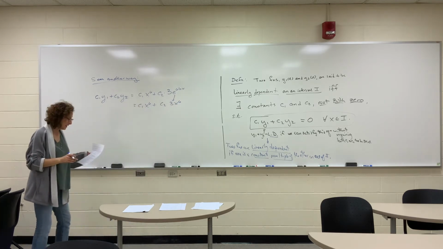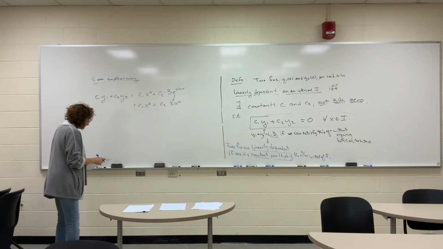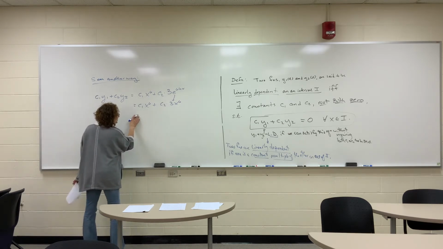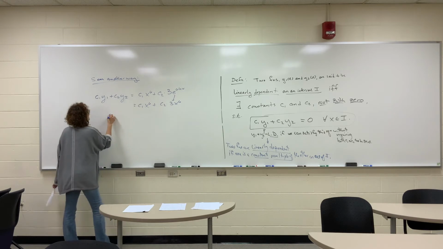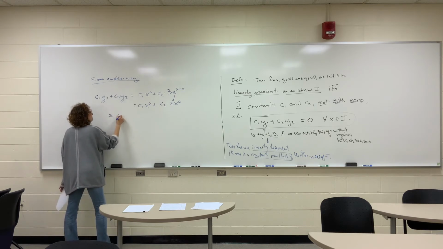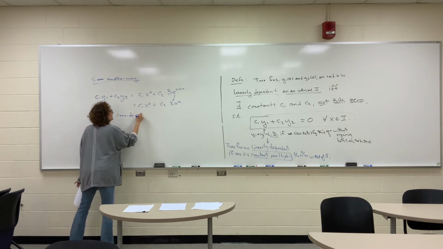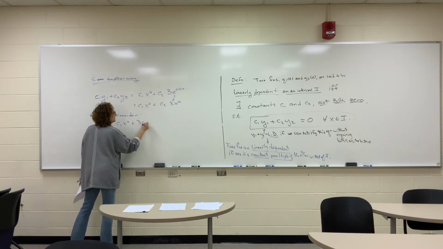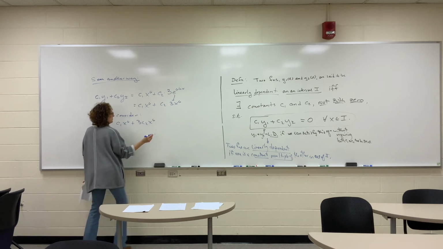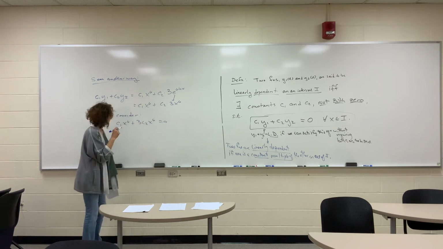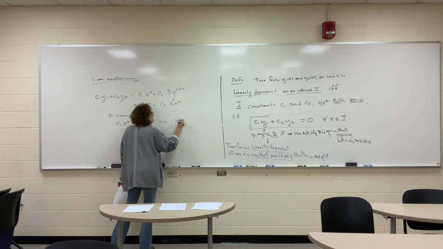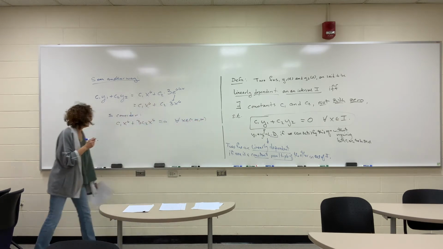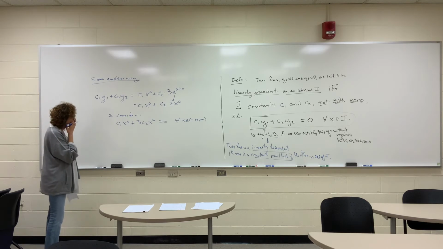So our question is, we want to consider setting this, I'm just going to write it as 3c2, equal to 0, for all x from minus infinity to infinity.